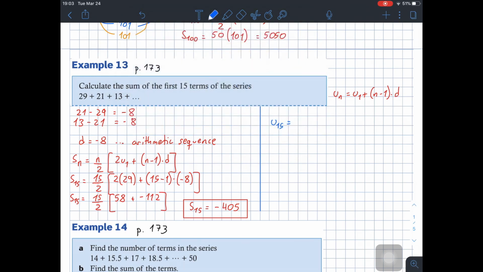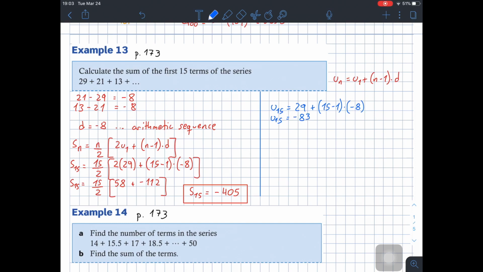So this would be u1, which is 29, plus 15 minus 1 times the common difference, which is negative 8. So if we calculate u15, I'm going to do this quickly. This would be 29 plus 14 times negative 8. This gives us negative 83.